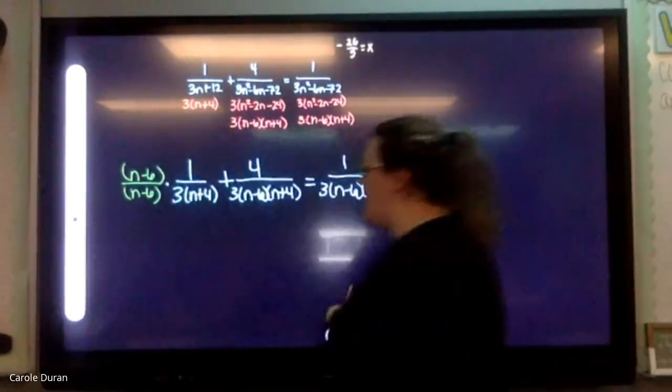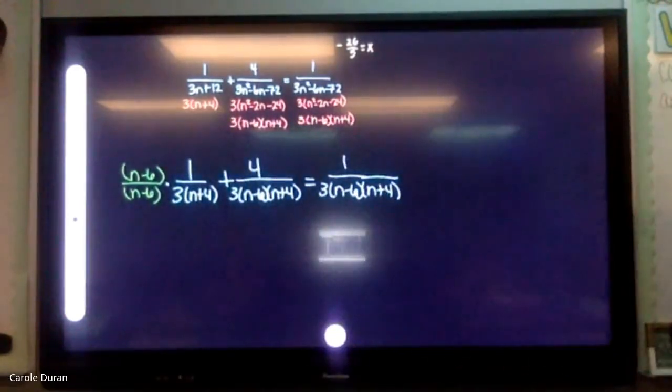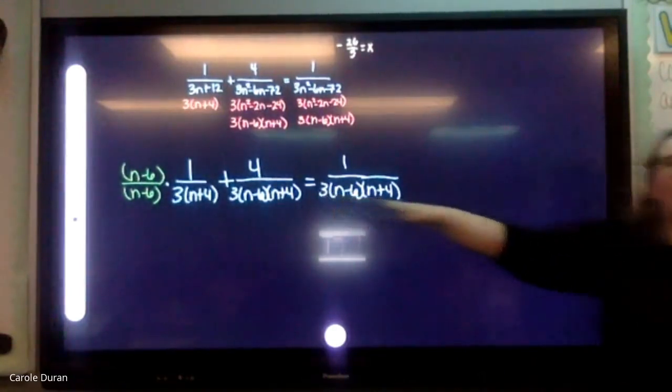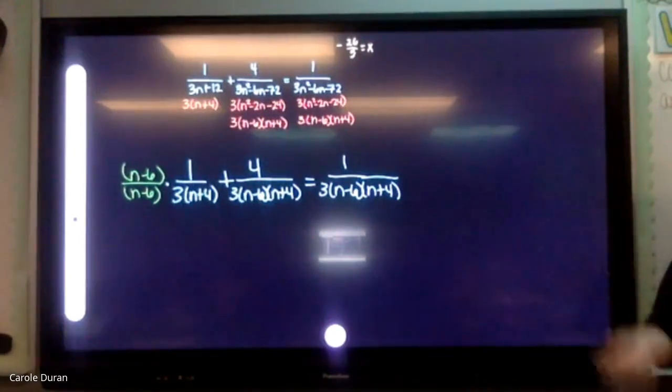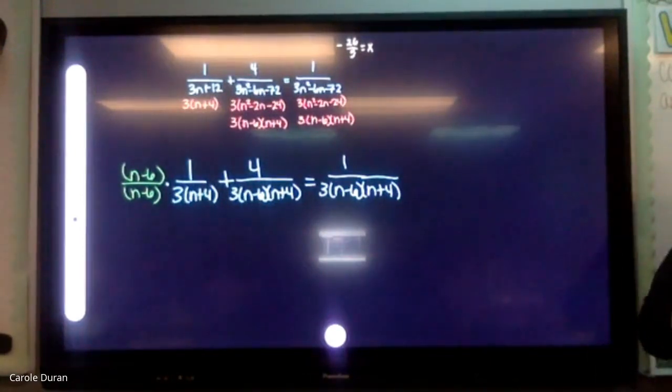So I left the denominators in their factored form, and then I multiplied n minus 6 over n minus 6 into the first fraction. Remember, when we're multiplying into such a complex denominator, we don't have to FOIL it. We can just multiply it in and leave it as the product of these factors, still in factored form. I do, however, have to multiply it into the numerator.